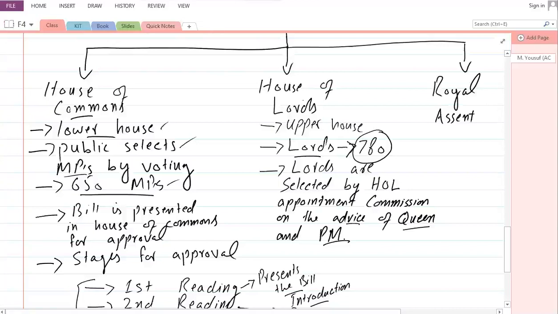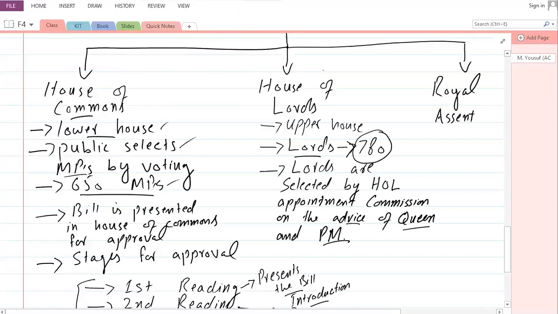The temporal lords, who are temporary for the period of 3 years, are elected by the HOL appointment commission, whereas the spiritual lords are basically elected by the church. So the church has a hold on the House of Lords and their representatives are there. So the lords are the members of the House of Lords.